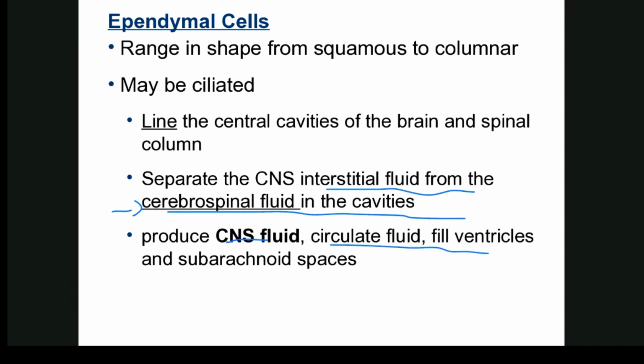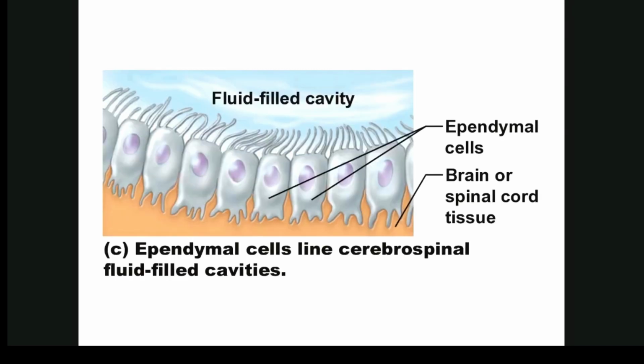It fills the ventricles, the subarachnoid spaces, as well as the central canal of the spinal cord, as well as the subarachnoid space around the spinal cord. This is just a picture of them.